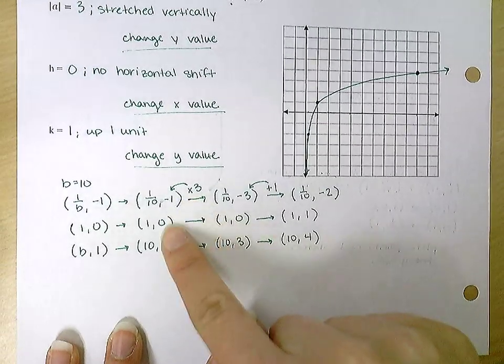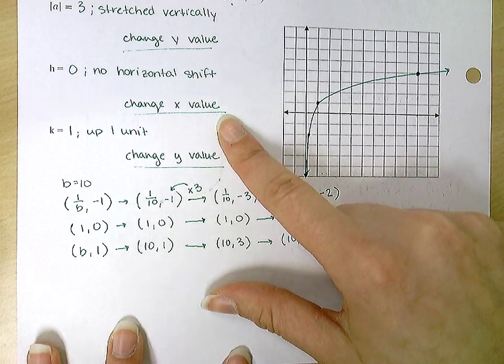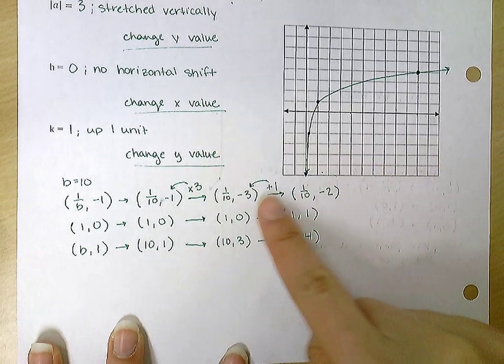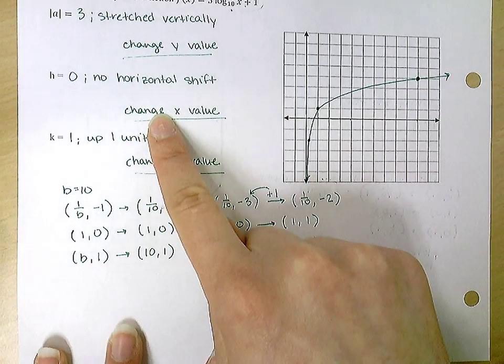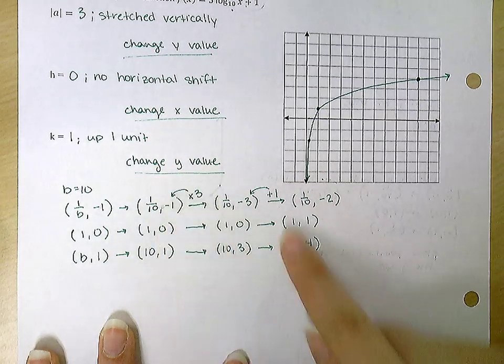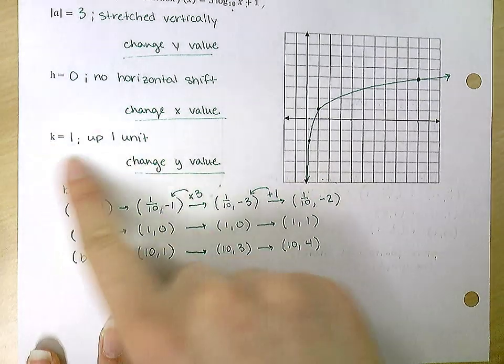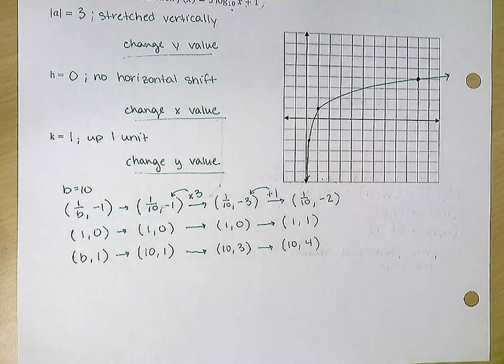So multiply into your y value. Then you can do your horizontal shift if you have one. That adds into your x value. We didn't have one here, so I didn't need to add that in. Your k value changes your y value. So we add in whatever that number is to your y values after your stretch.